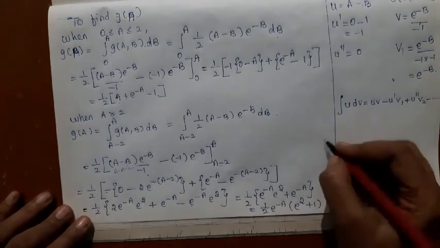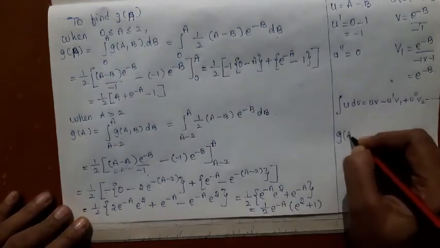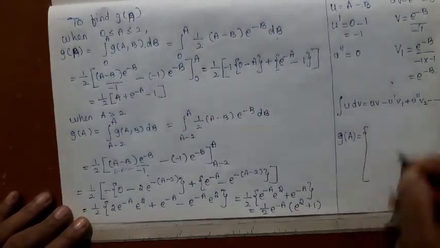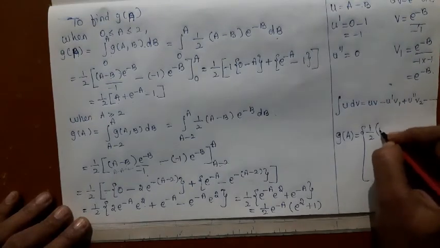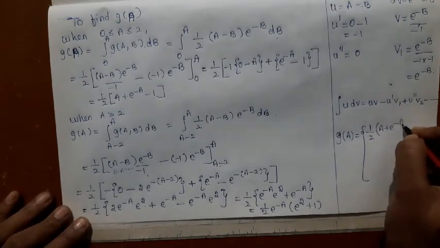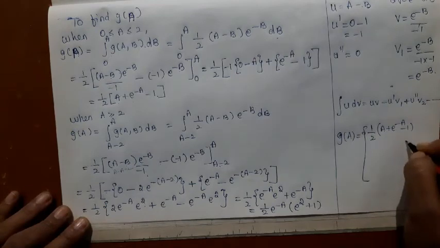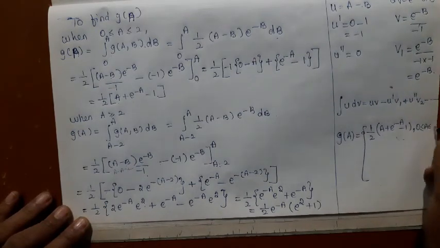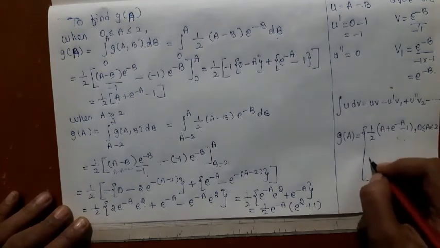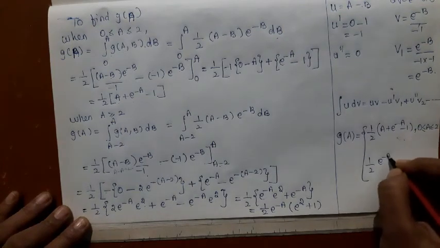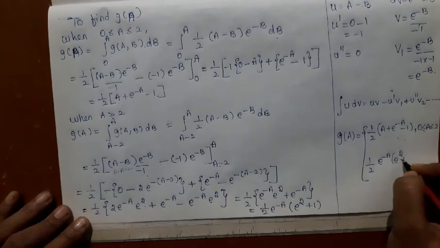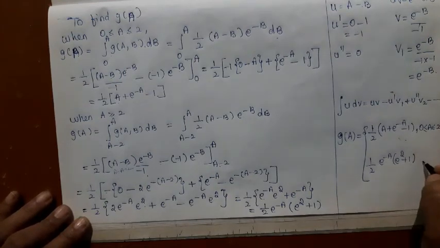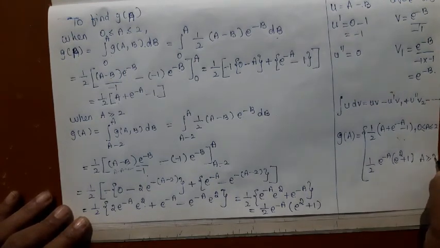Right? So let us now summarize. G of a is equal to 1 by 2 (a plus e power minus a minus 1) when 0 is less than or equal to a less than or equal to 2, and it is 1 by 2 e power minus a into (e square plus 1) when a is greater than or equal to 2, and 0 otherwise.